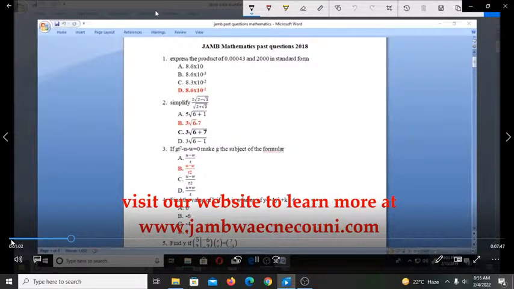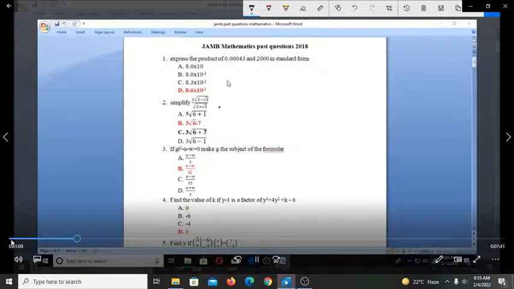So how do we solve this? We want to get the product of these and at the same time put it in standard form. So to get the product, we have 0.00043 times 2000.